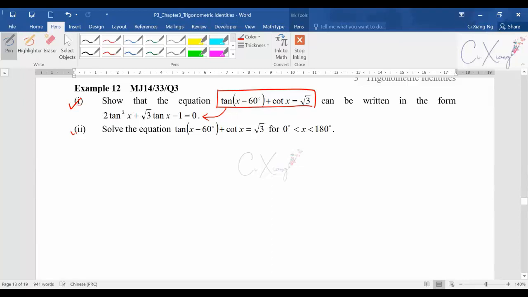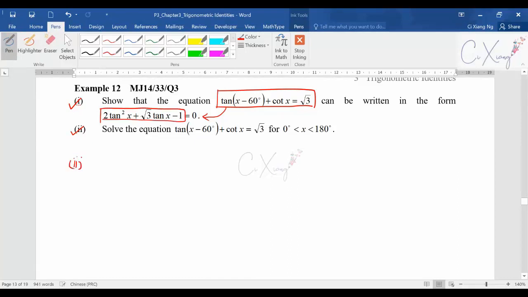And then for part number 2, they want you to solve this equation that I put in the red color box. But just now you already proved that the equation for this red color box is similar to this one. So for part number 2, you can straight away start from this equation, and then straight away press the calculator to get the solution for tangent x.